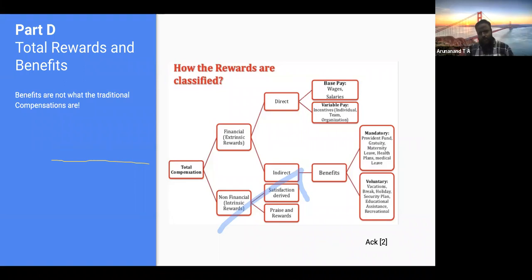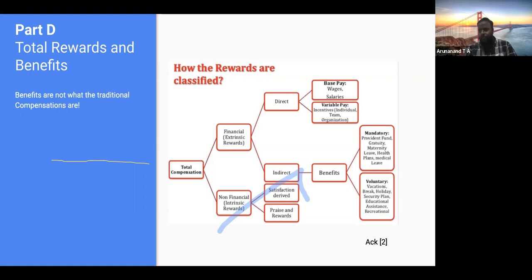So if you look at total rewards, there can be two kinds: financial, which is known as extrinsic rewards. You might have come across this term in your MBA textbooks. And non-financial as well. And in financial, there are two things: direct and indirect. The direct one is what you get in hand: base pay, fixed pay, variable pay. For sales folks, it can be based on their target.